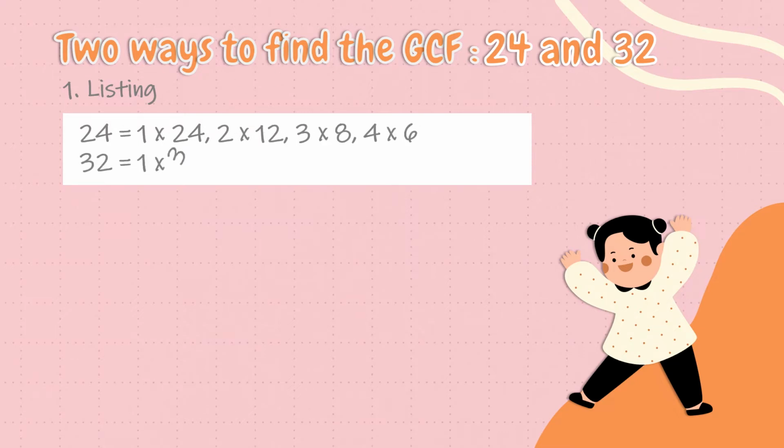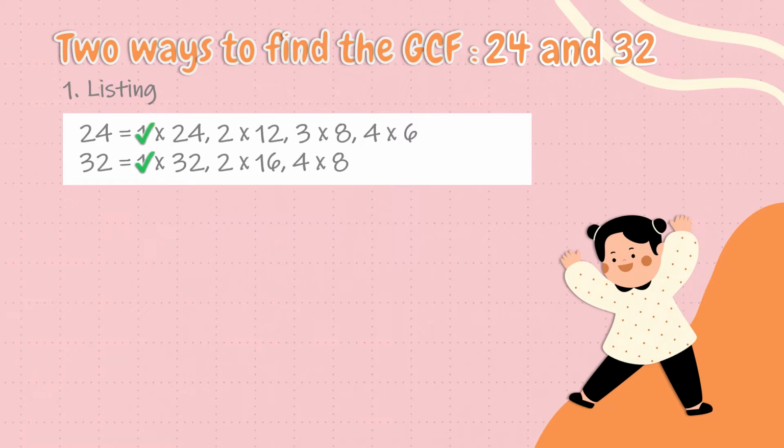The factors of 24 are 1 times 24, 2 times 12, 3 times 8, and 4 times 6. While the factors of 32 are 1 times 32, 2 times 16, and 4 times 8. So what are the common factors of 24 and 32?